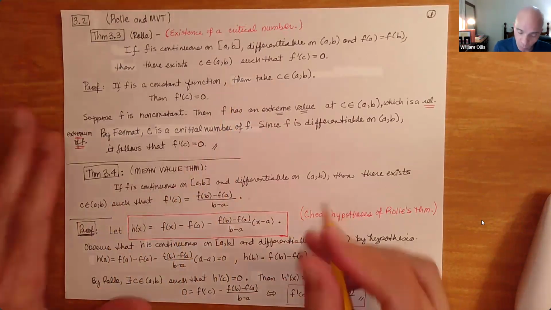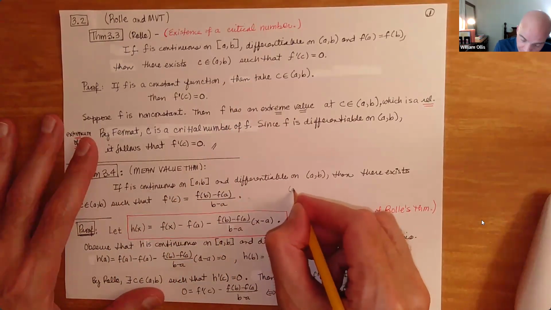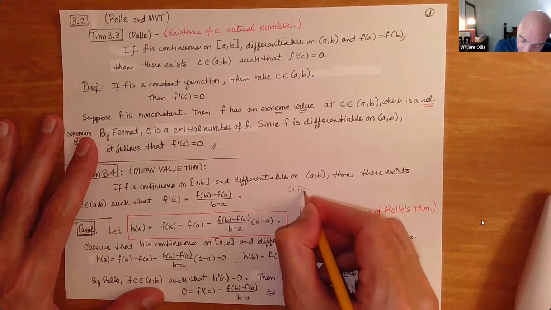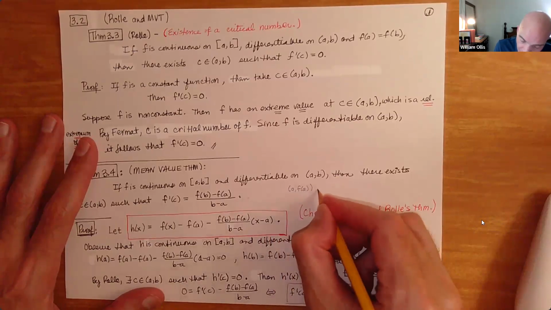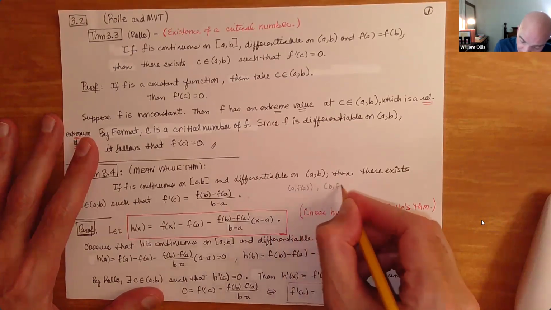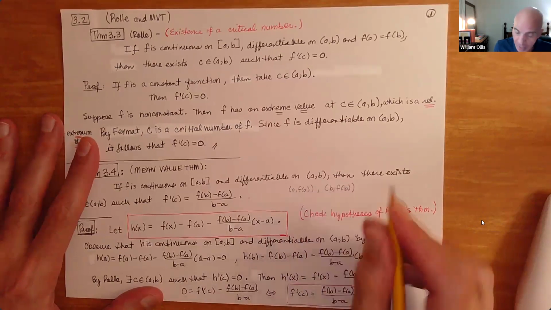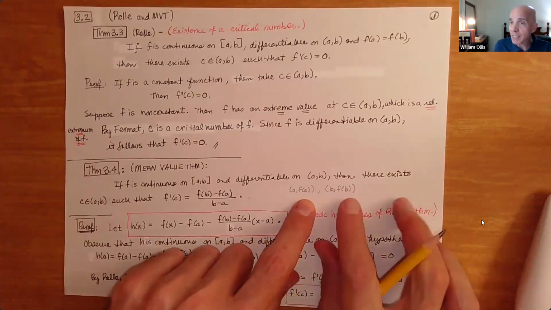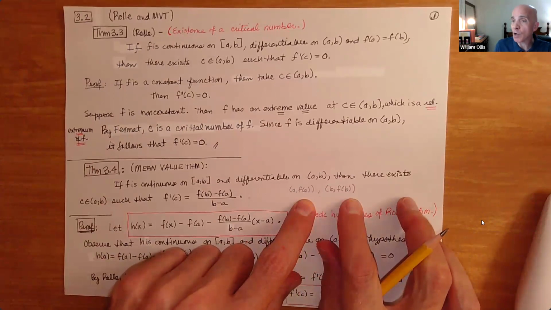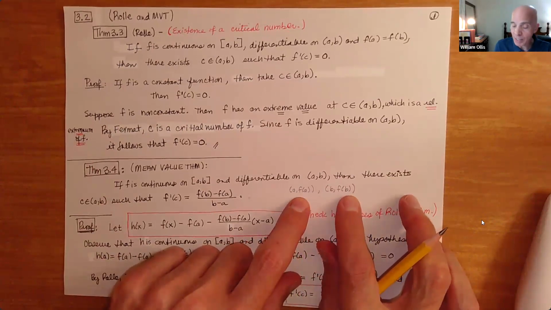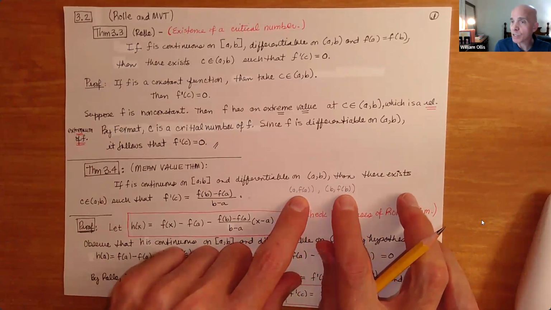That is, when we consider A, f of A, and B, f of B, we can take these 2 points and form the slope of the secant line that joins these actual 2 points on the graph of the curve.